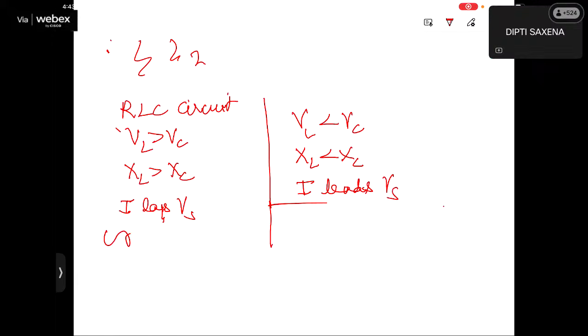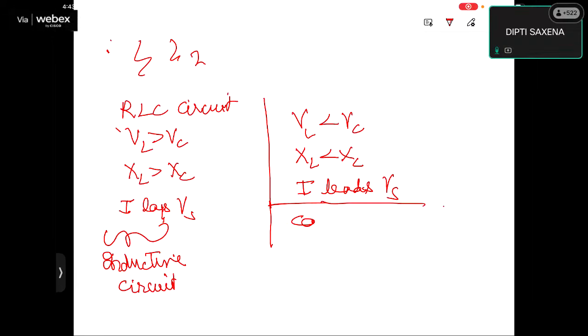That is, this circuit behaves like an inductive circuit, and this circuit behaves like a capacitive circuit.